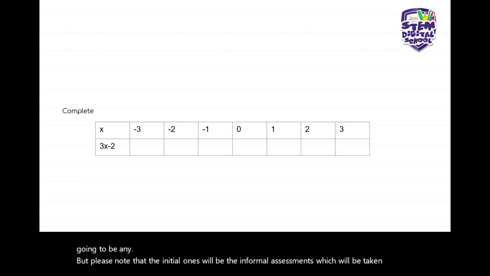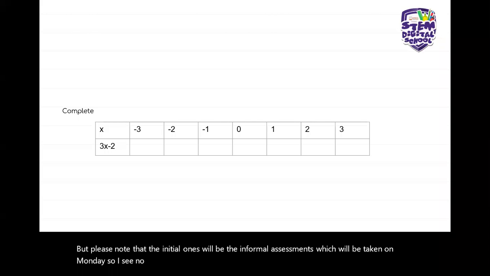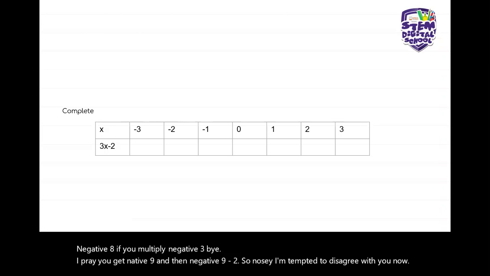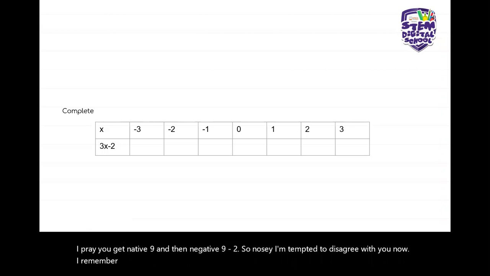So I see Nolwazi already found a -8. If you multiply -3 by 3, you get -9, and then -9 minus 2. So Nolwazi, I'm tempted to disagree with you now. Remember our formula is 3x minus 2. Becky Temba found -7.